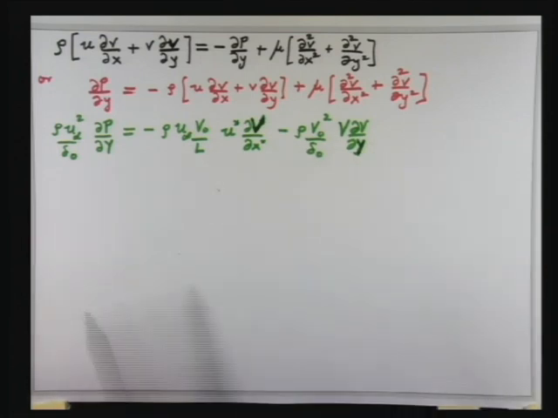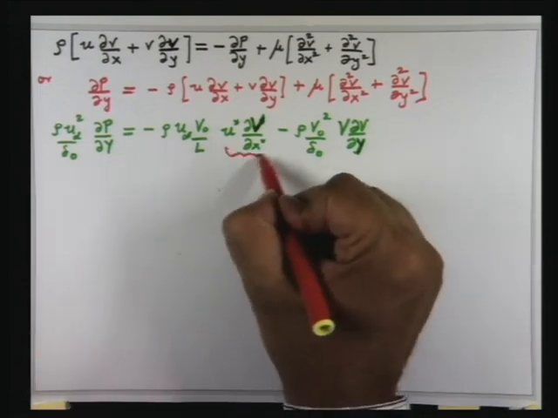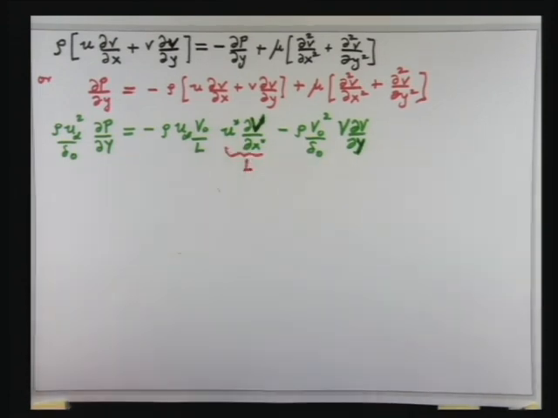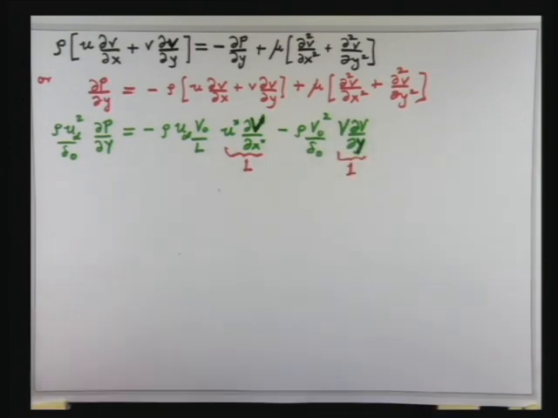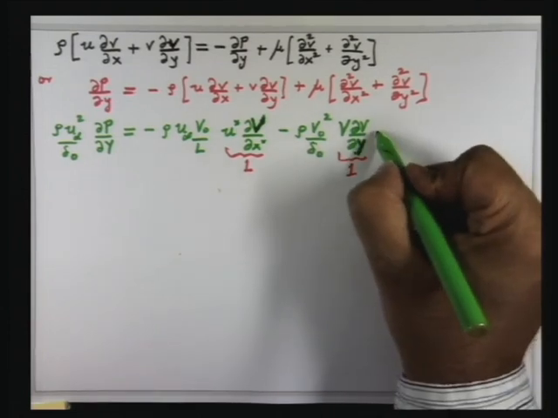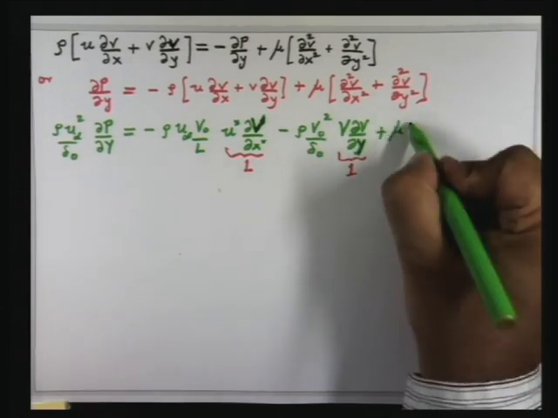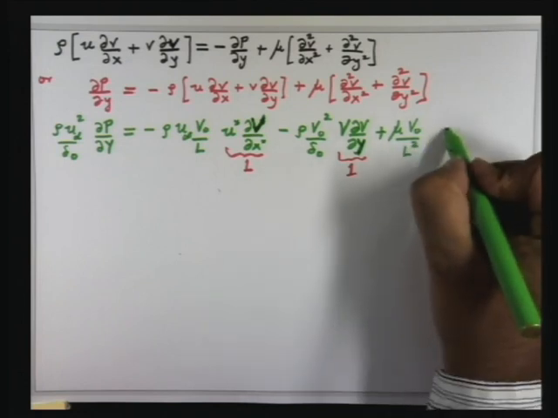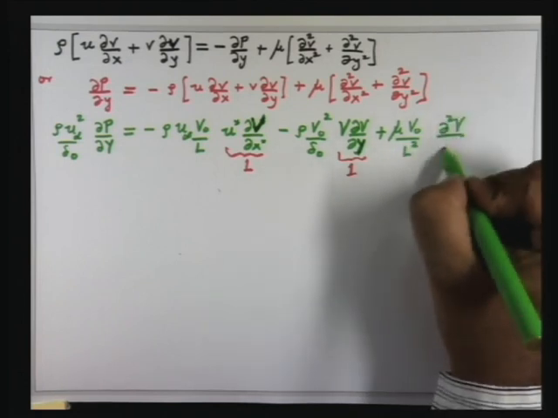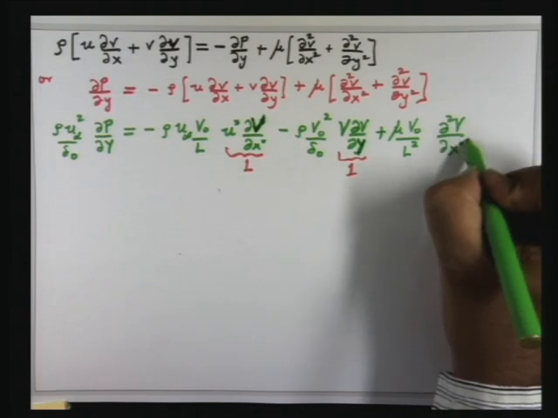Now once again, because these are order 1 variables, this whole thing is order 1, this is also order 1. And if you continue with it, you have the viscous terms mu V naught by L squared del 2 capital V del x star squared.